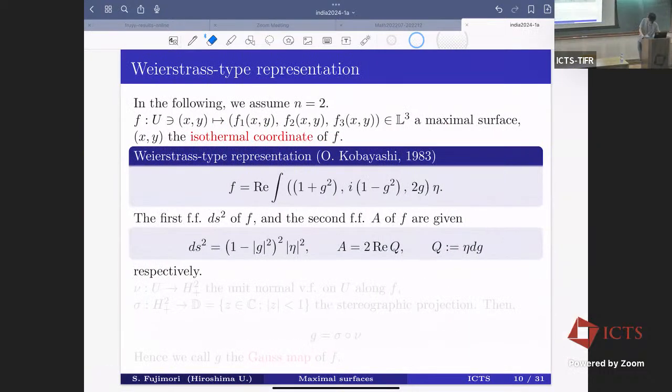Okay, now let's focus on the n equals 2 case. Now I introduce the Weierstrass type representation.